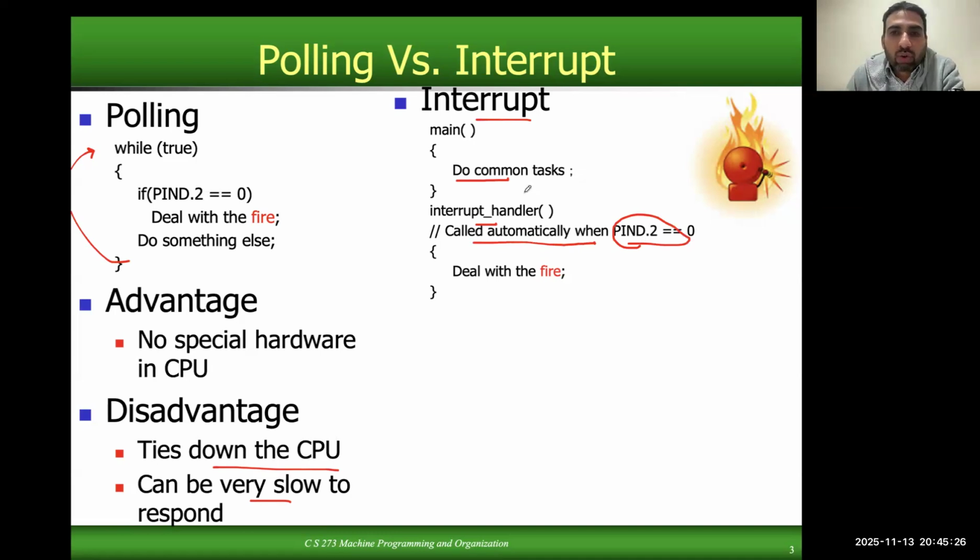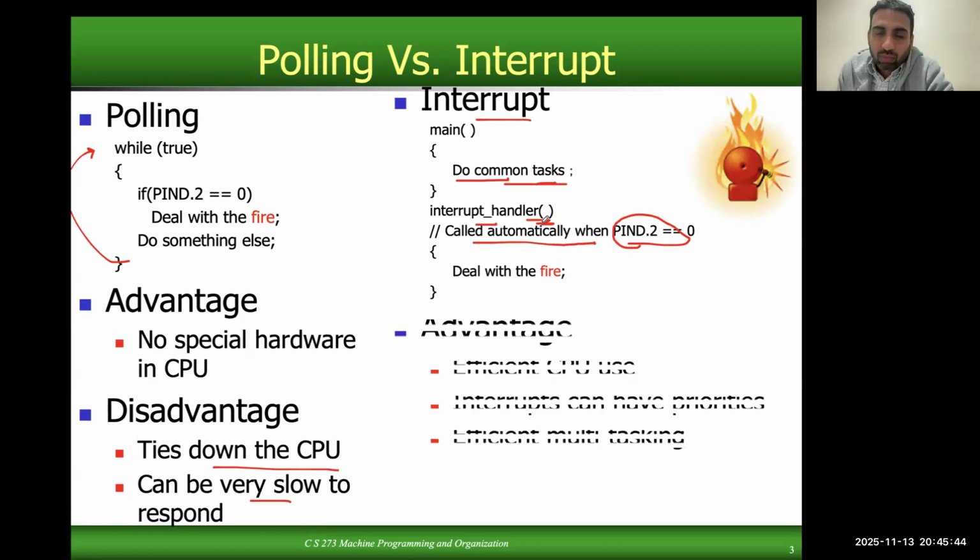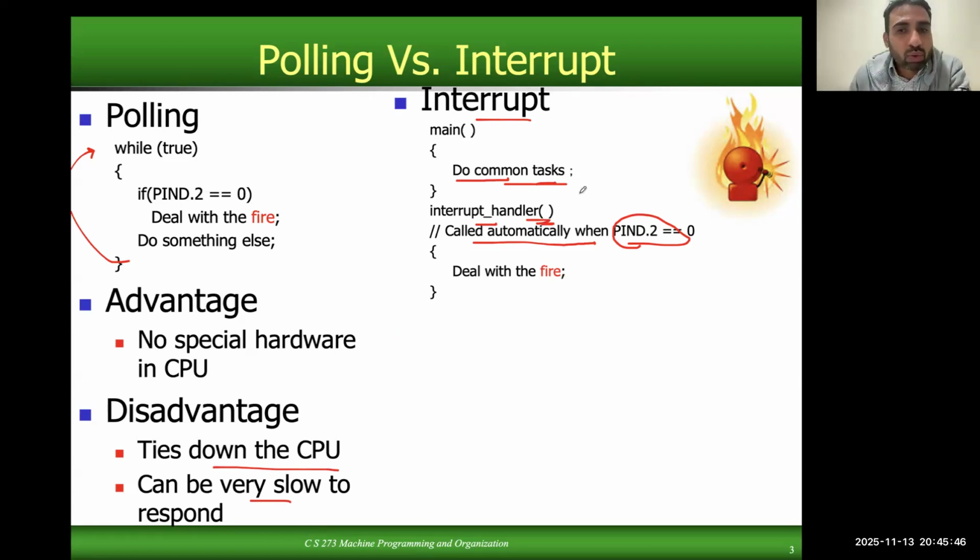The microcontroller can do some main task, and if in the middle of that it detects a signal on pin D.2, it will automatically go to the interrupt handler code and execute it. So now you can do two different things at the same time, and you are not wasting your microcontroller in continuously monitoring the pin.